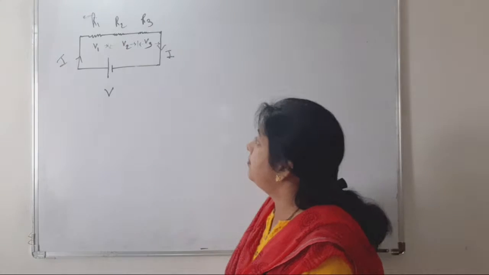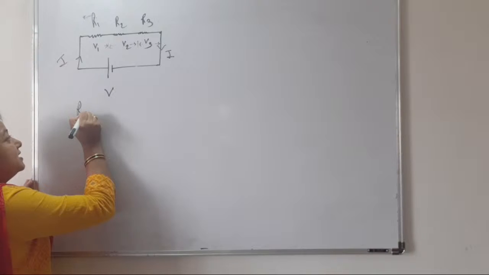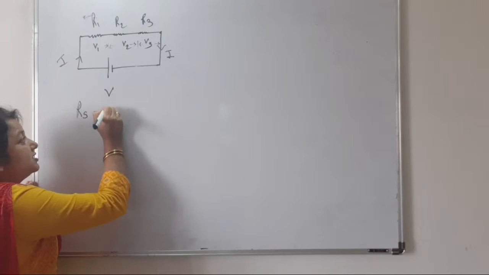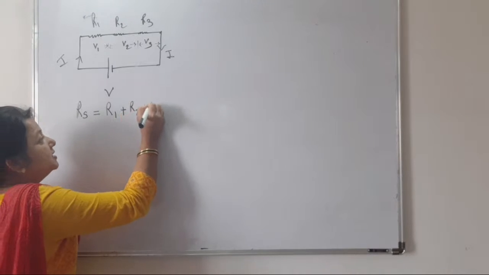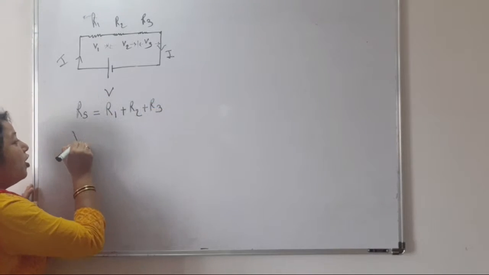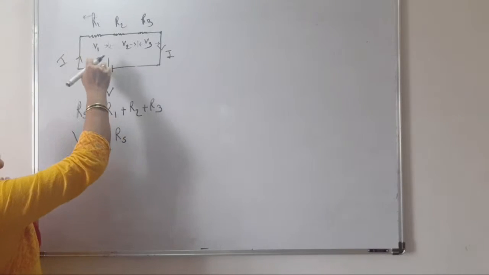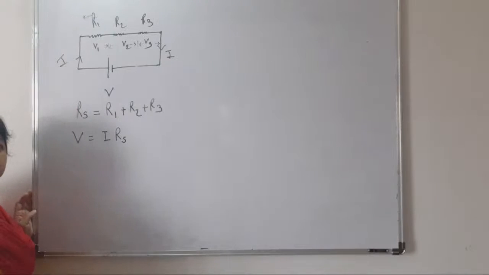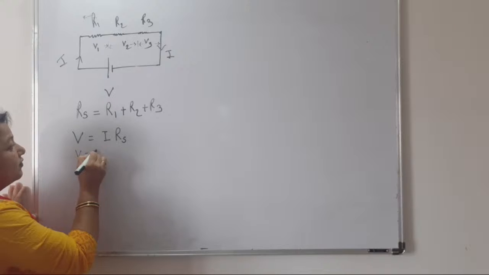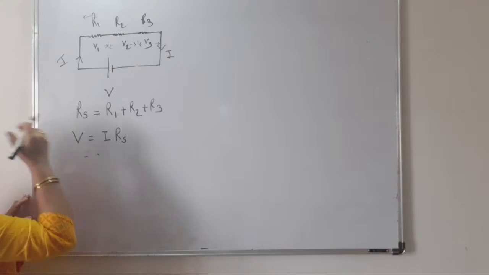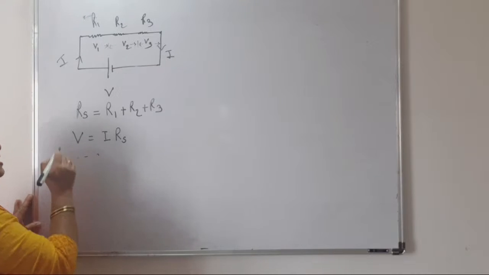Okay, so V is equal to IR. What is the formula for the series resistance? Total series resistance is given by RS is equal to R1 plus R2 plus R3, and we know overall potential V is equal to I into RS, because RS is the overall resistance of this series combination. Now, for V1, we have to find out the formula.